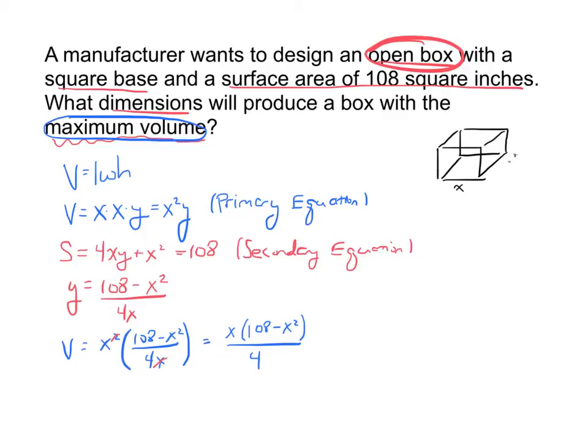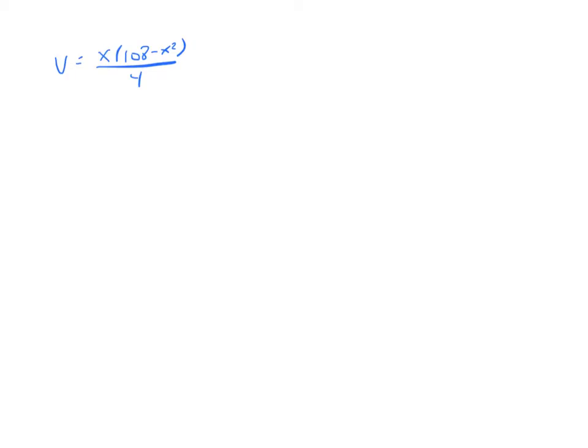Now in our next step, what we're going to do is maximize the volume. So here is our function. We're looking for the maximum value. So first we need to find some critical numbers. So to find the critical numbers, we need to take the derivative. So I feel like rewriting this function a little bit to make it easier to find the derivative.